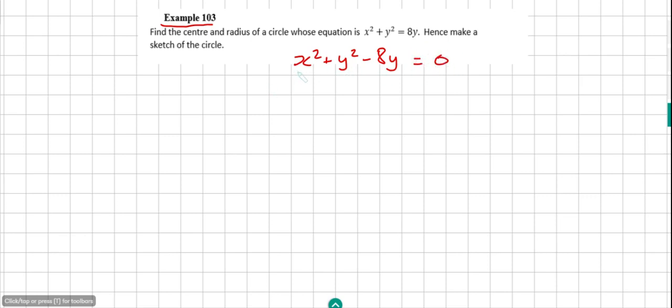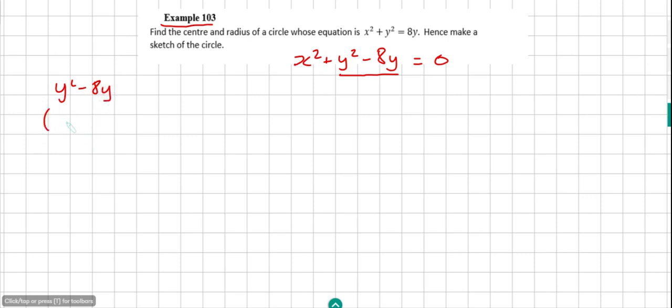And we can see the x is just going to stay as it is. We've not got anything that's multiplying an x in here, just got the x squared. So we're going to try and use the completing the square method on y squared minus 8y.